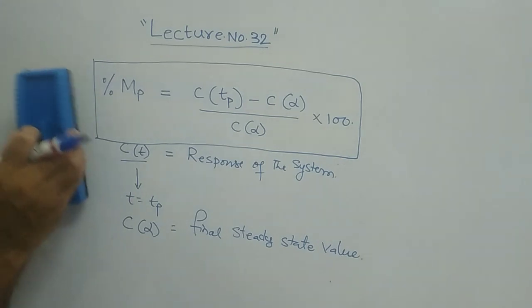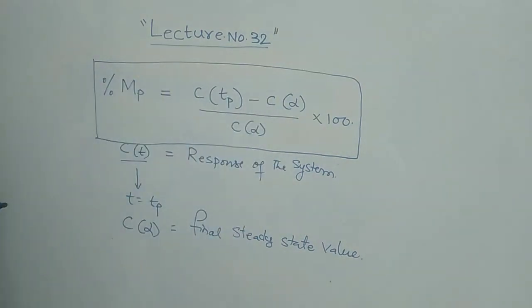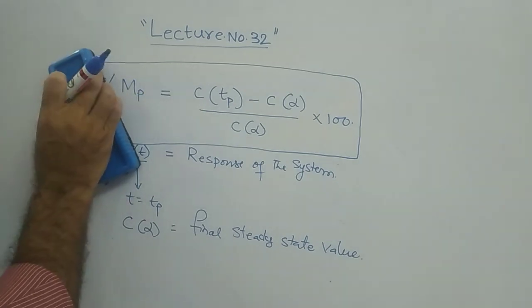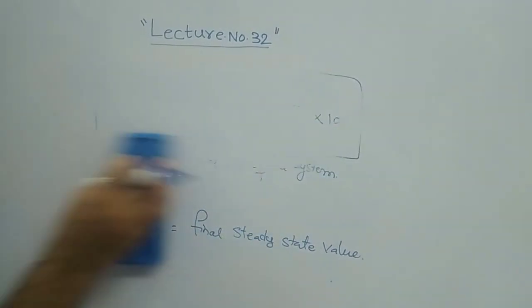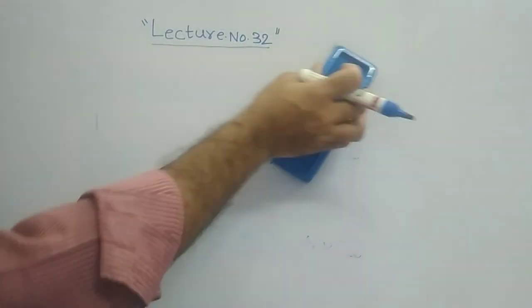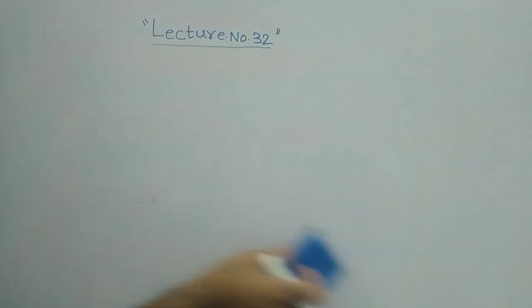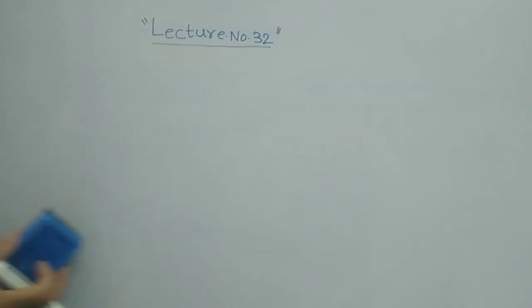So what is C of Tp and what is C of infinity? First, write the expression for C of t. C of t is the response of a second order system for a unit step input. We already discussed this in our previous presentations.